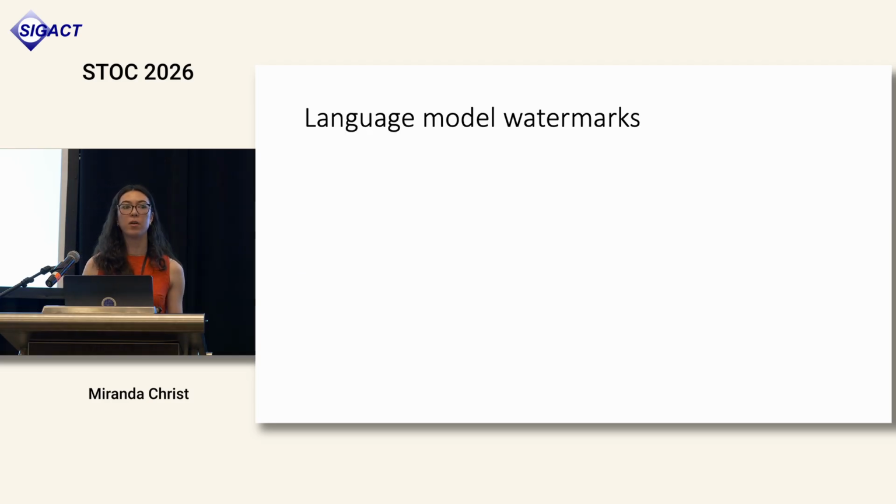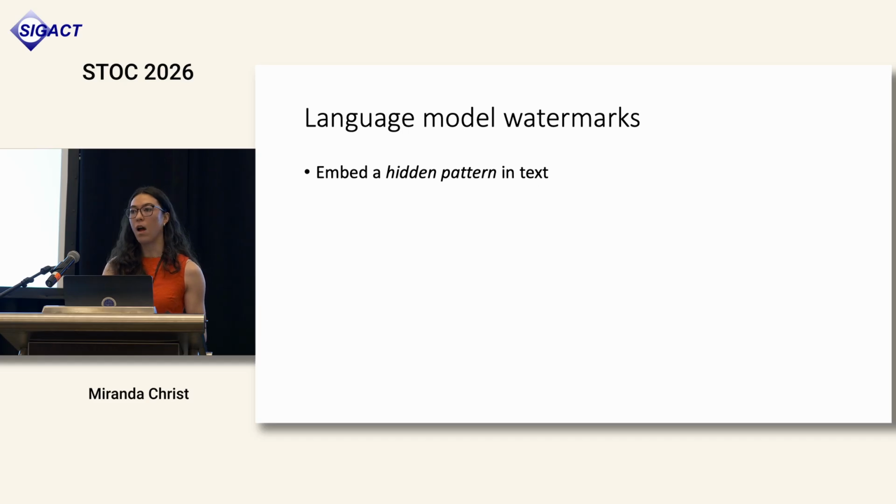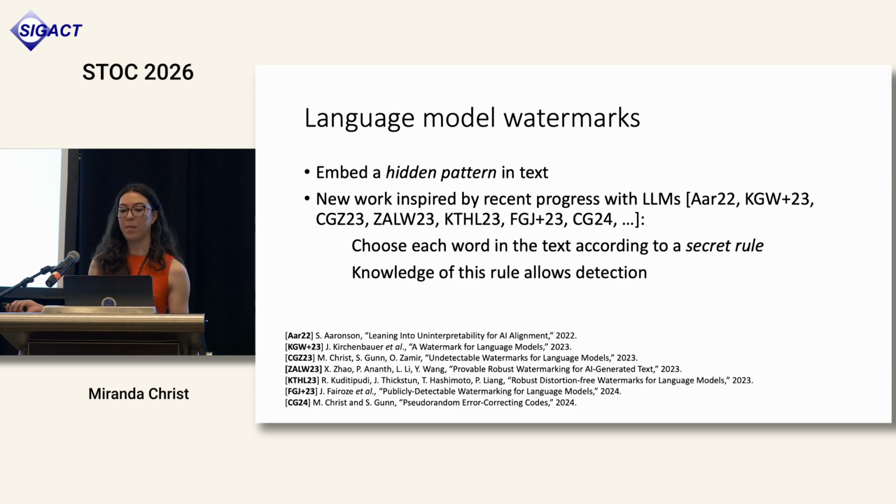I'll be focusing mostly on watermarks for language models, where there has been a lot of work from the theory and cryptography communities lately. All of these watermarks use the idea of embedding some kind of hidden pattern in the text that you look for at detection time. Basically, all of these works choose each word in the text according to a secret rule.